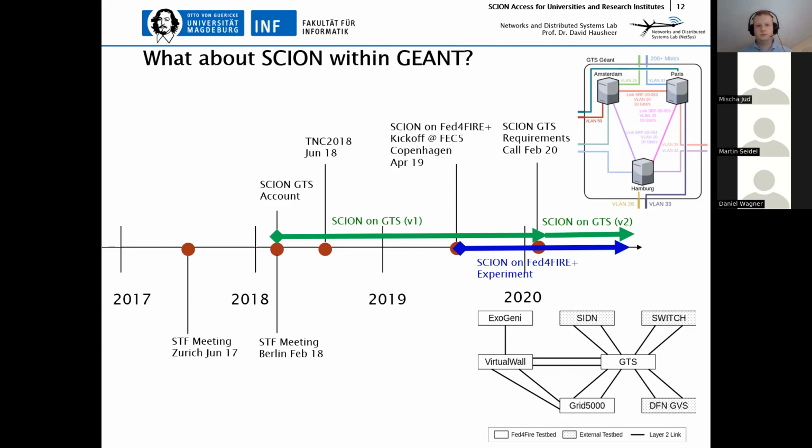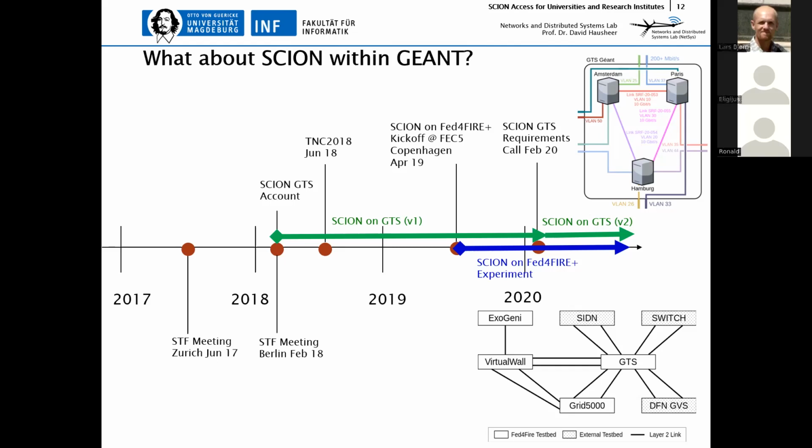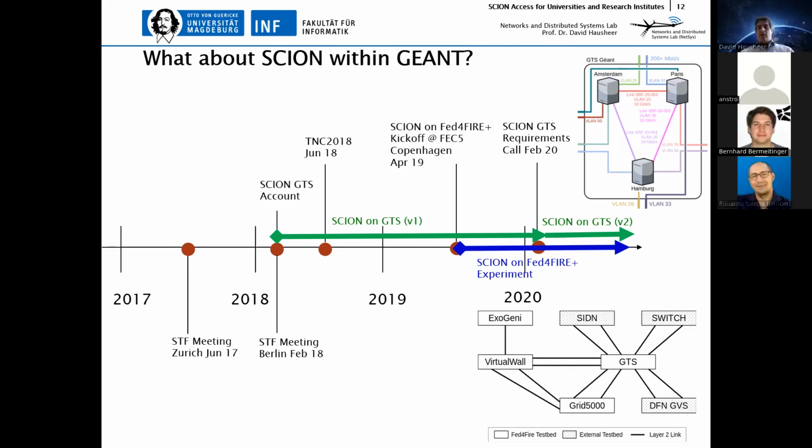Just to note, in these early deployments, for example, in context with GTS and Fed for Fire, we had Switch as a node there. We had SCIONLab in the Netherlands, and we had also DFN, the NREN in Germany, participating in that.